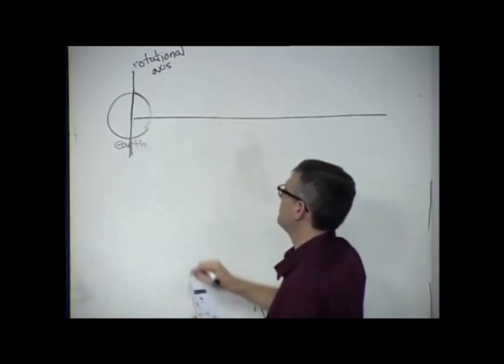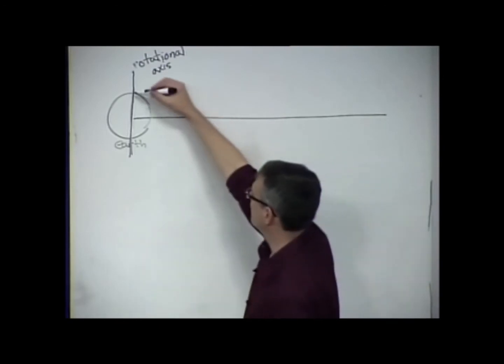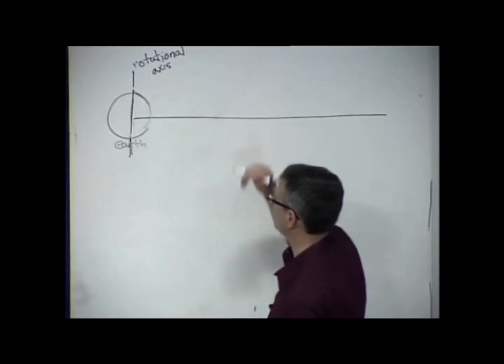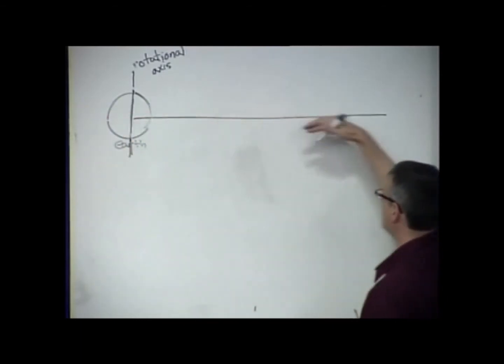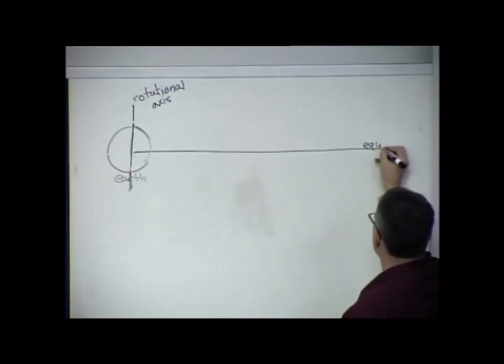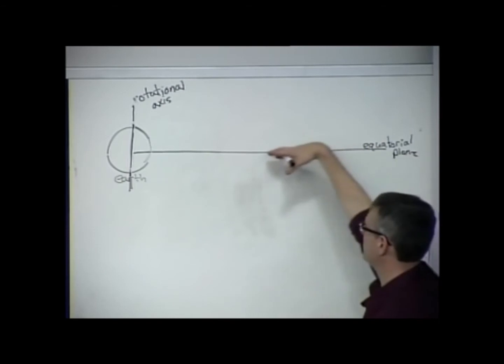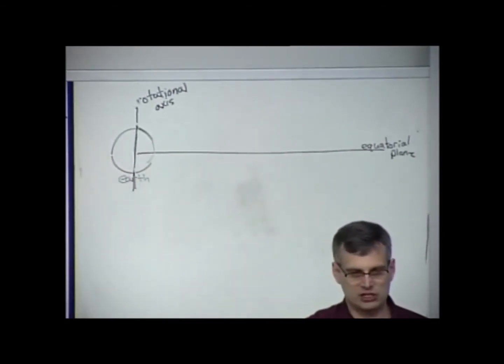Not to be confused with the magnetic axis, which is slightly off. But this is the geographic North Pole, and this is the geographic South Pole. And so 90 degrees to that would be the equatorial plane. I've drawn it as a line. It's a plane that comes out of the board and is perpendicular to that rotational axis.